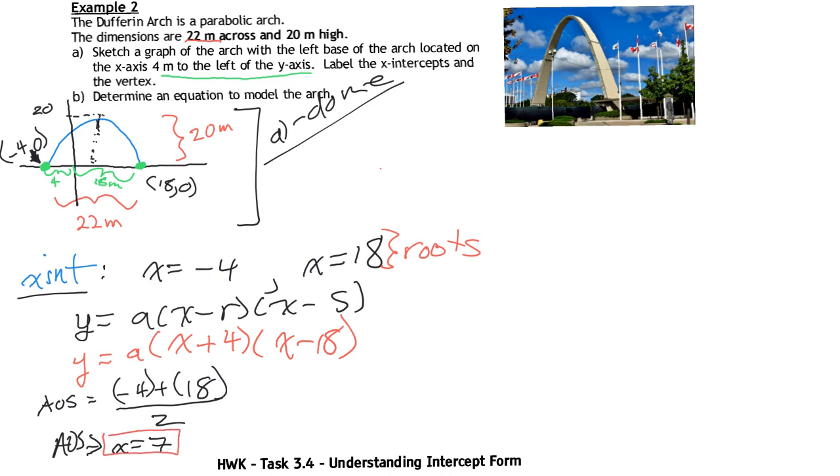Now that I know that my axis of symmetry is 7, I can go back to my original graph and put in my vertex. My vertex is (7, 20). That point isn't one of the x-intercepts, so we can use it as the x and y in our equation to find the a value for this problem.